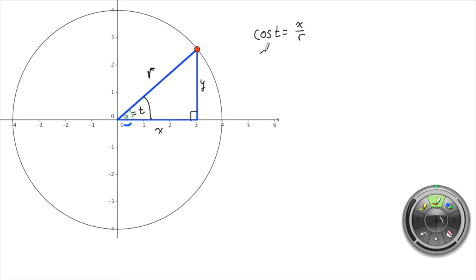Then we get x by itself, and it's going to be x equals r cosine of t. This looks very much like a polar coordinate system. Over here, we're going to do sine of t, and that's going to equal opposite over hypotenuse, so we'll get y over r. So in this case, y is equal to r sine of t.